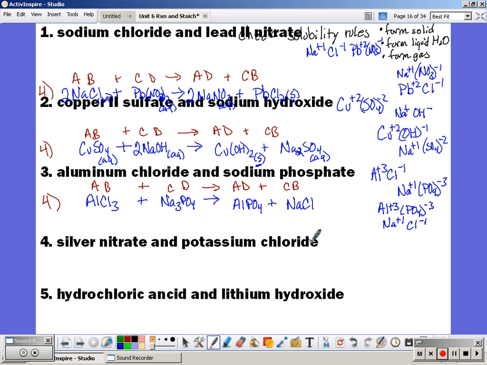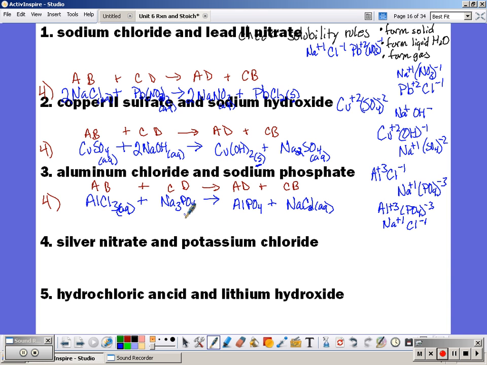B is chlorine. I look at my rules for chlorides. All chlorides are soluble except silver, lead, and mercury. So the chlorine with aluminum is going to remain aqueous or soluble. The chlorine with sodium is also going to be aqueous. PO4 is phosphate. So I look for my rules on phosphates.